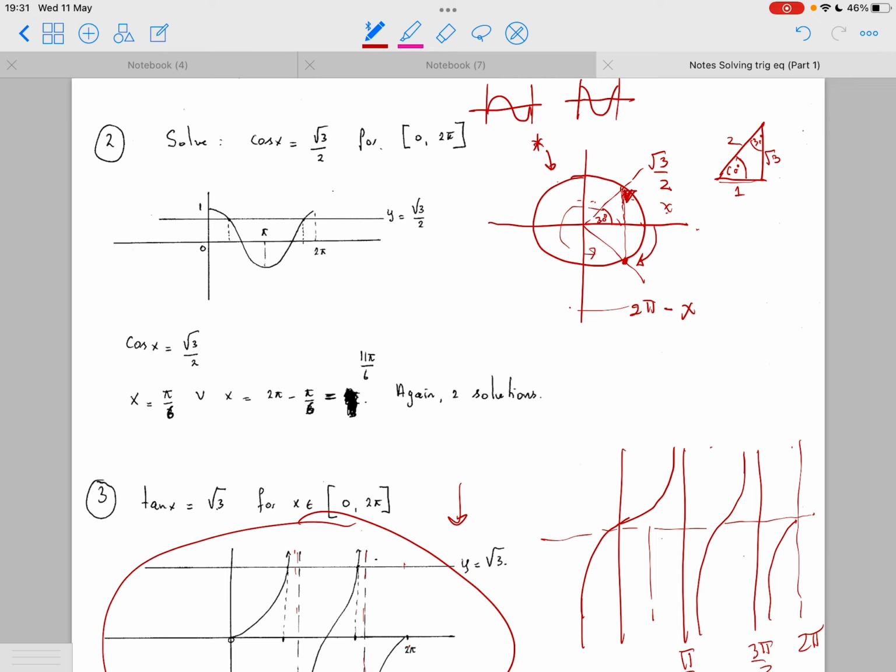And so you know that for cosine to be square root 3 over 2, the angle is 30 degrees from this triangle here.